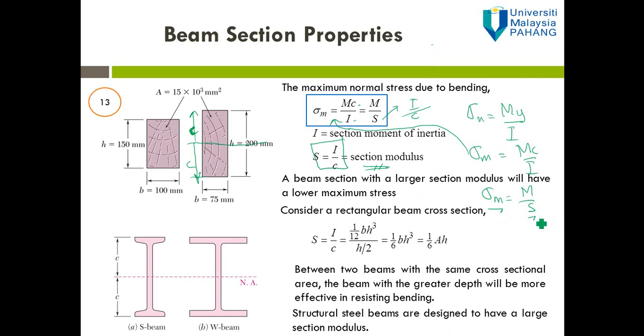So clearly, the beam should be designed with a large value of S, so that the beam will provide better resistance to bending. If we use a beam with higher S, the sigma m will be lower.